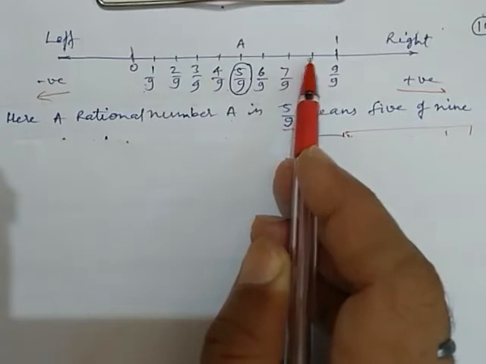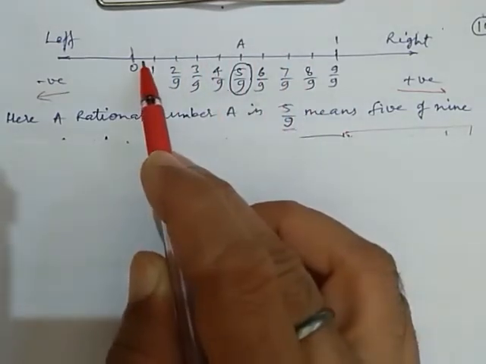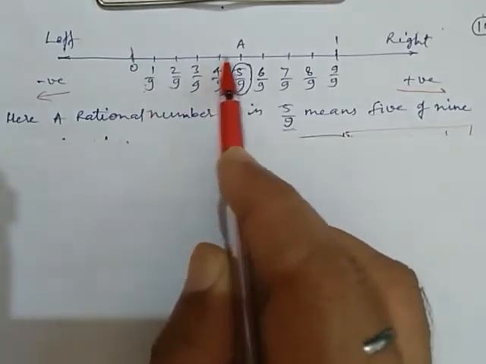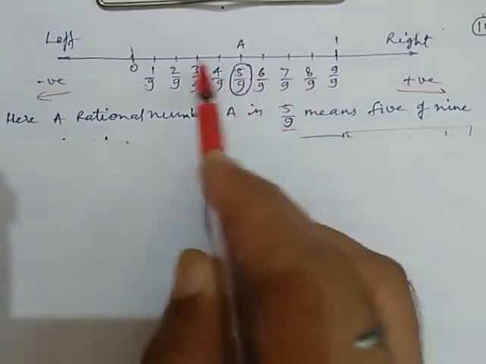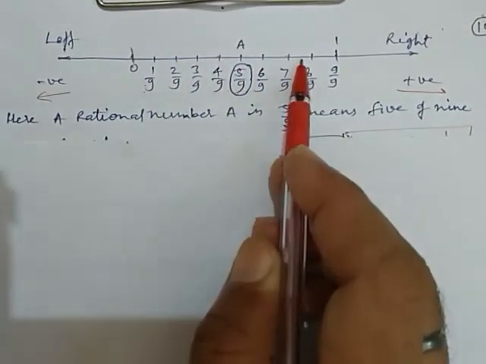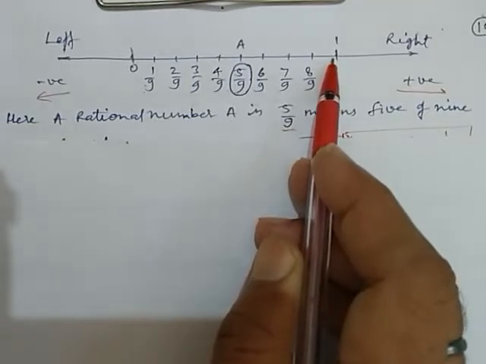So always remember lines are 8 here but the parts are 9. We have to make only 8 lines because the 9th line is this one itself.